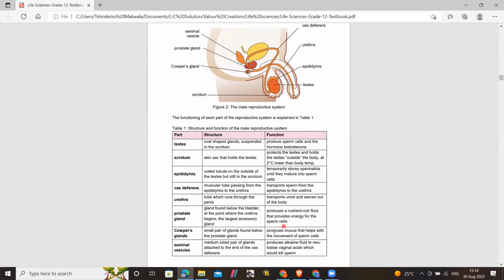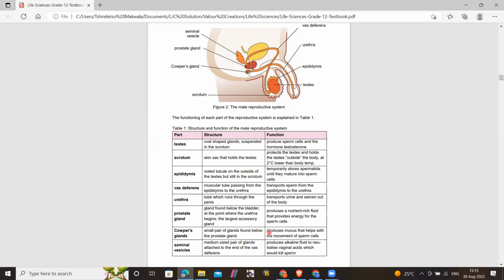Here are the functions of these glands. They basically help the sperm in some way, maybe help protect it. For instance, the seminal vesicles produce alkaline fluid to neutralize the vaginal acids, to protect the sperm from the acid in the vagina.